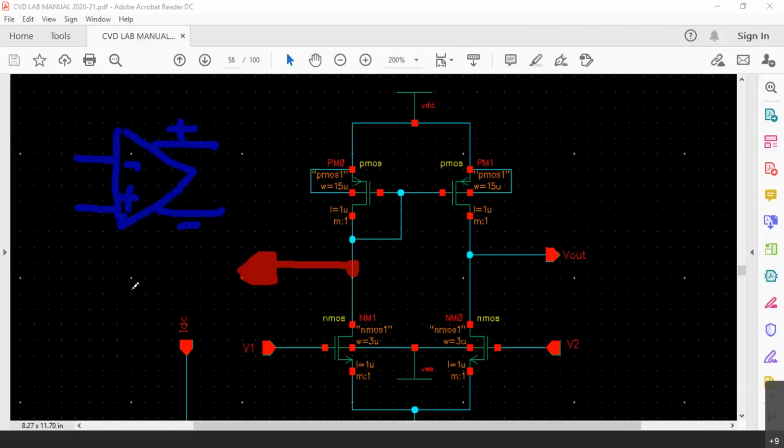The only thing is we are taking a different arrangement for the output. Gain will not become double. Earlier the output was with respect to ground. Now the output is with respect to each other because the output is also differential.